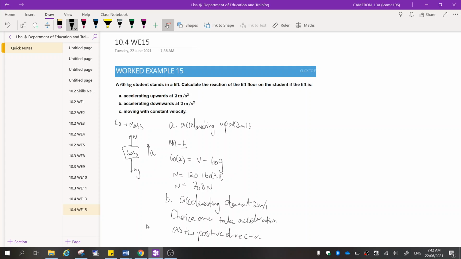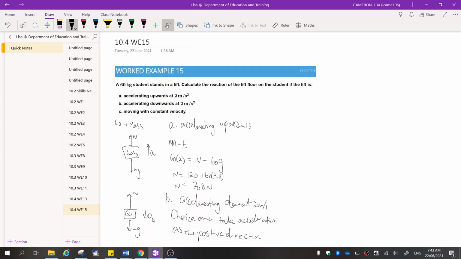Now, let's look at what that means. So here was my diagram before. We have our normal force, we have our weight force, and this in here is the 60 kg. Now, in this example, our acceleration was going up, which meant that this was our positive direction as well.